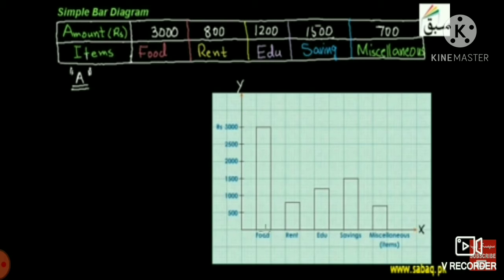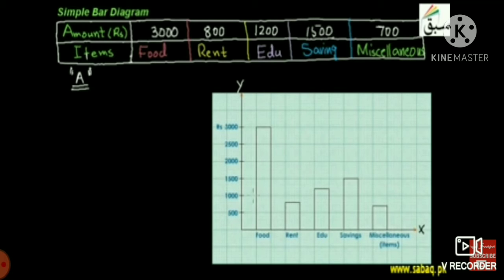By using this bar graph, you can answer any questions. They spent some amount on some items: 3000 for food, 800 for rent, 1200 for education, 1500 for saving.